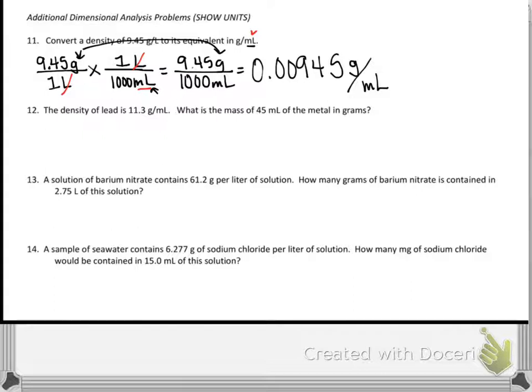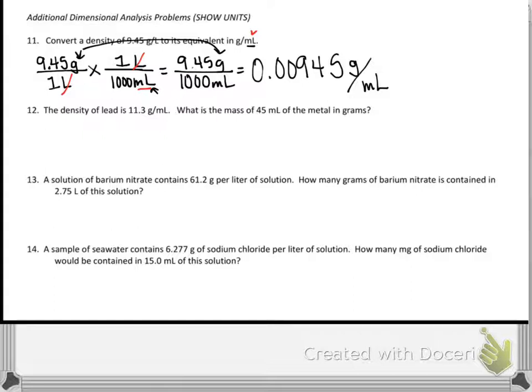Alright, our next problem is a little bit more complicated because we have to decide what information is our given, and what other information they are giving us to help us get our answer, okay? So it says the density of lead is 11.3 grams per milliliter. What is the mass of 45 milliliters of the metal in grams?